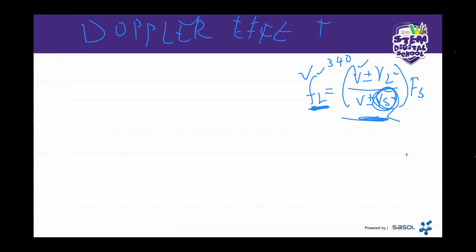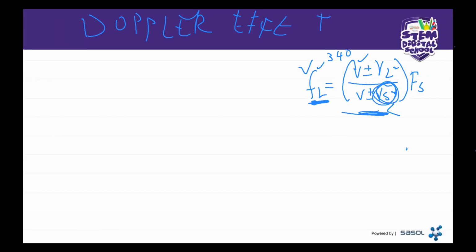So now we're going to come here and say FL is equal to V plus minus VL divided by V plus minus Vs. That's going to be frequency of the source.